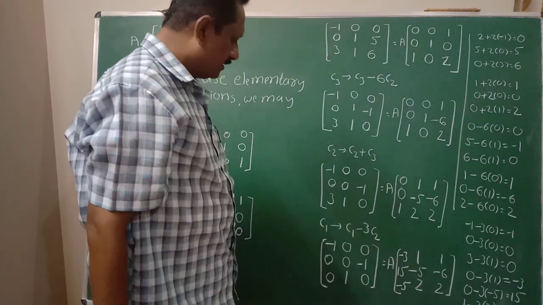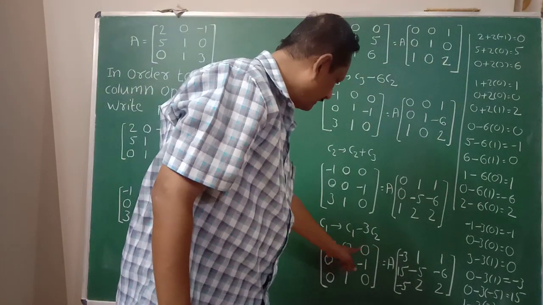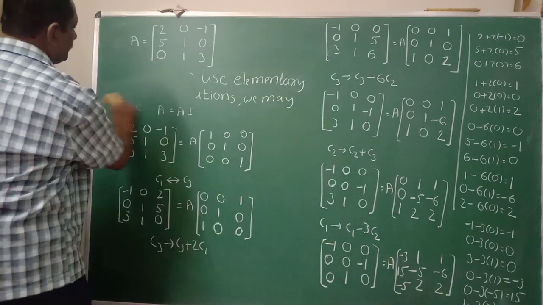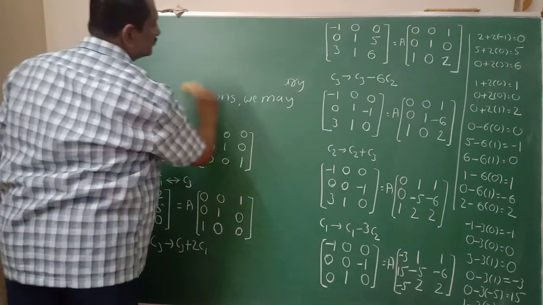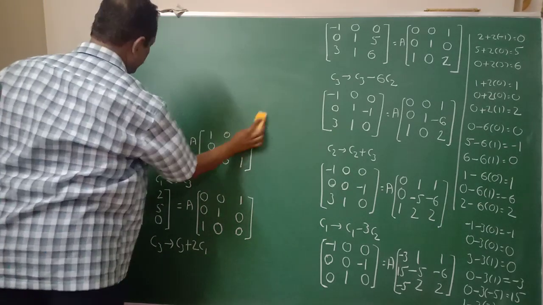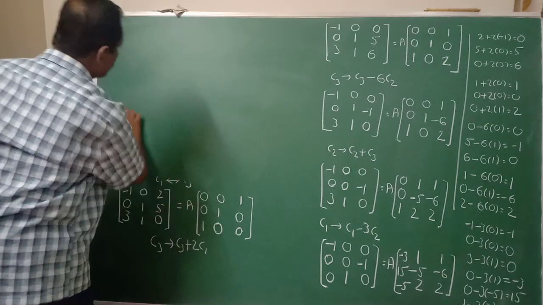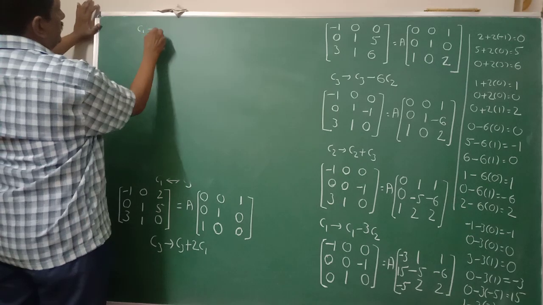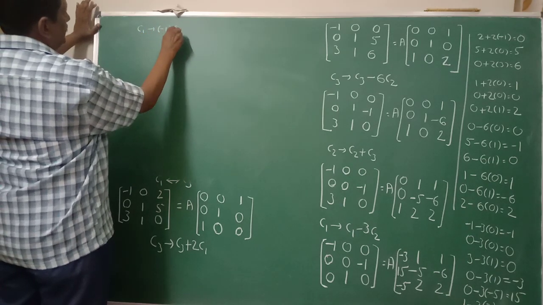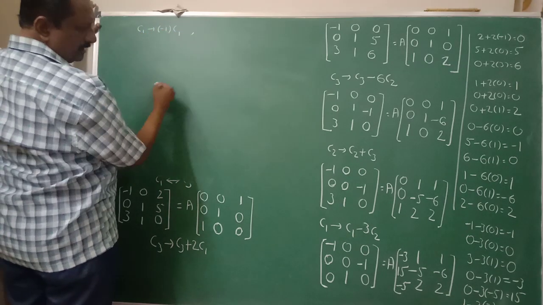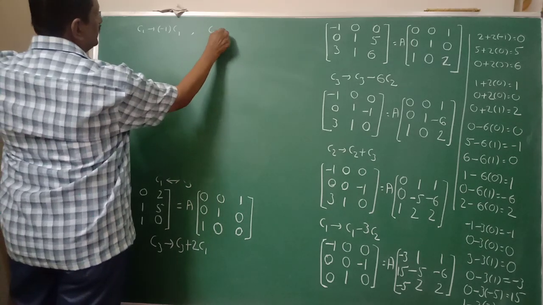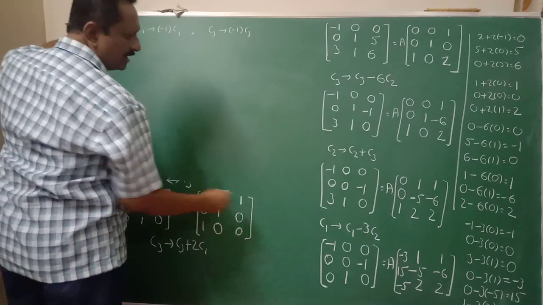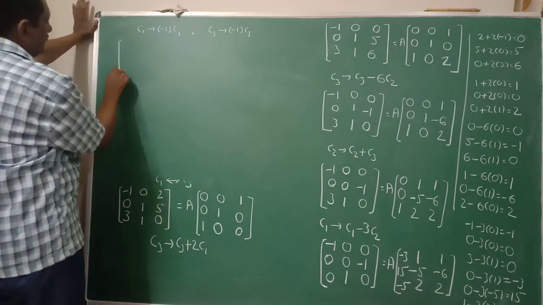Now make this one plus 1, and here also plus 1, which means multiply by minus 1. C1 gives minus 1 into C1, and C3 gives minus 1 into C3. The middle column stays as it is.